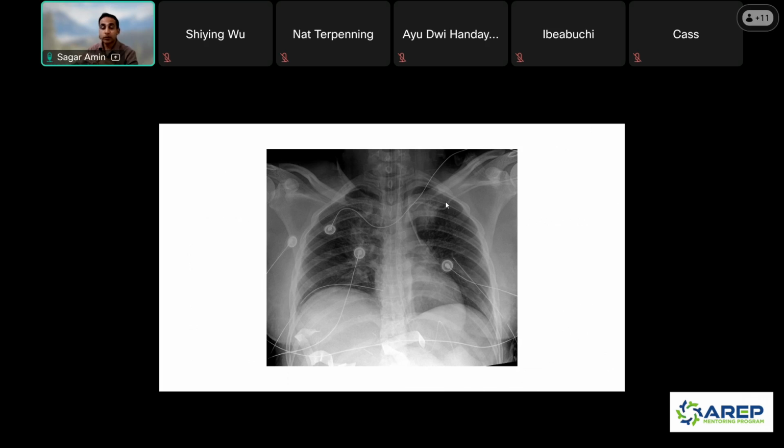Other things would be a partial anomalous pulmonary venous return. So a pulmonary vein that comes up, instead of going into the left atrium, it drains up into the left brachiocephalic vein. And then the other option, of course, is that it's not in any vessel. It's in the pleural space or in the mediastinum.